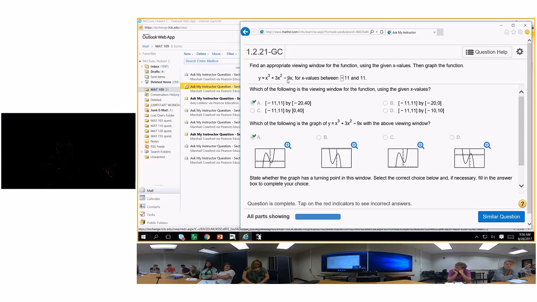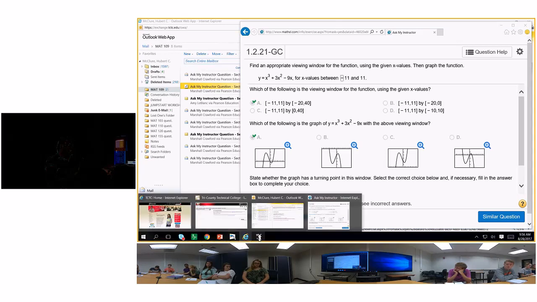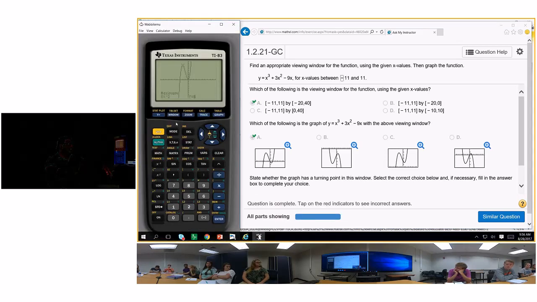Or do this. This is what I would do if I was doing the question. Go here and graph it. Everybody graph it. Y is equal to x cubed plus 3x squared minus 9x.